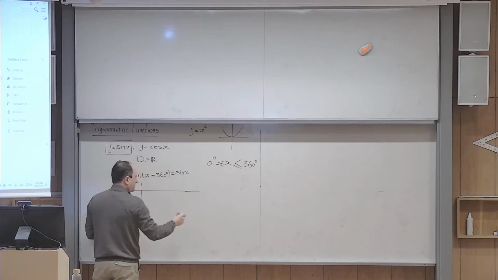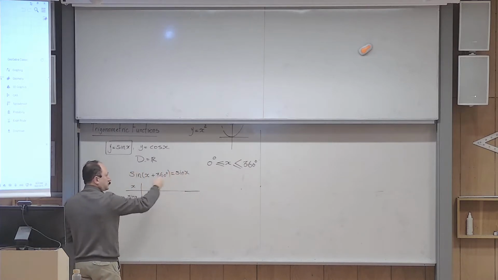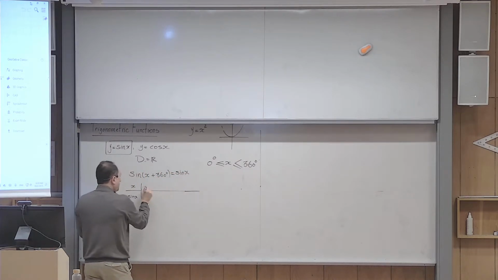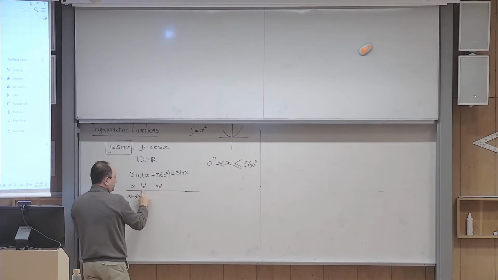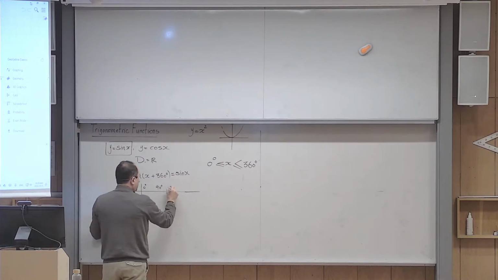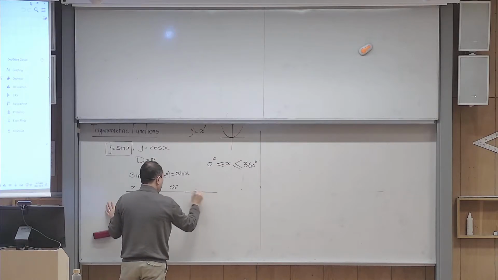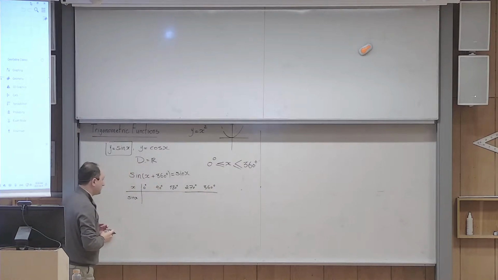If you look at your book, you see that they have more numbers for this interval. I only choose 0 degrees, and then 90 degrees. The book has also chosen some intermediate values between them. And then I go to 180 degrees, and then 270 degrees, and then finally 360 degrees. I think that would be enough for our purpose here.